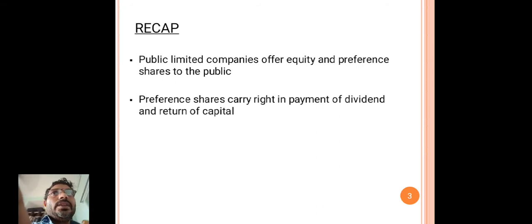Means the dividend on an equity share is not fixed.